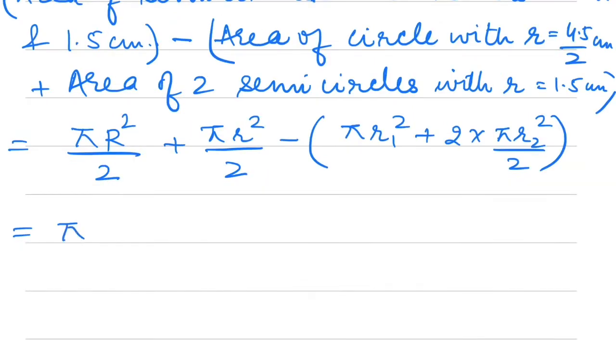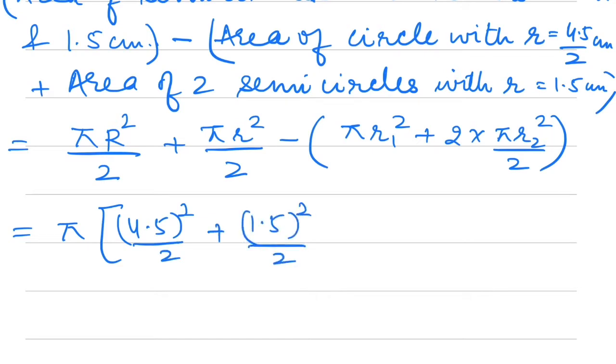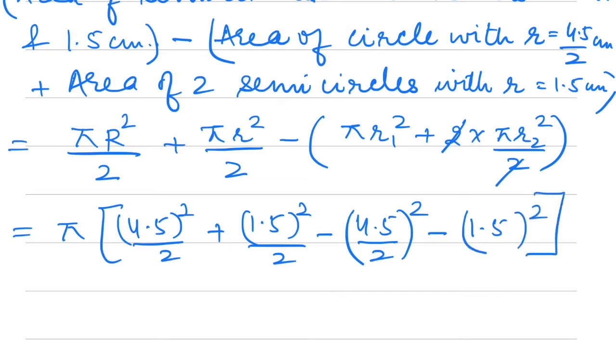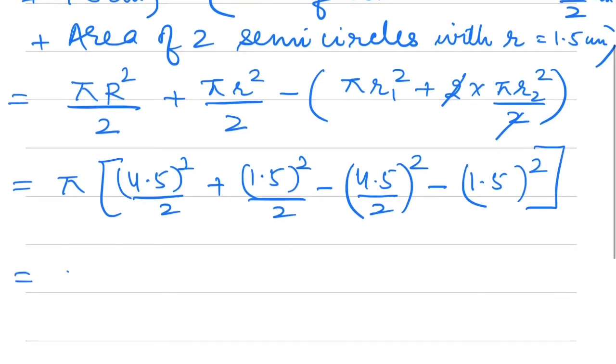Pi is common everywhere, and let's substitute the values of radii. So we have 4.5 whole square by 2 plus 1.5 whole square by 2 minus 4.5 by 2 whole square minus 2 gets cancelled, and this is 1.5 whole square, pi.